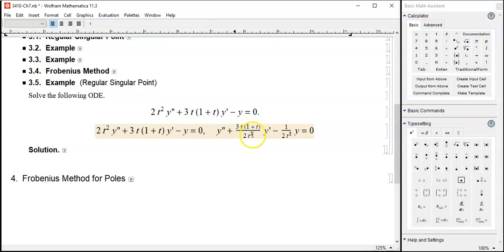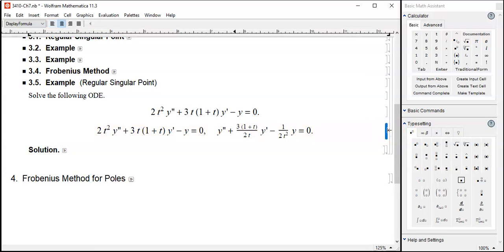Then what do you have? We have this simplification. This second power and this t cancel each other out, and what do you get? Second derivative, first derivative, 0 derivative. And look at the denominator. Second power, first power, 0 power, going backward. So this is a regular singular point.